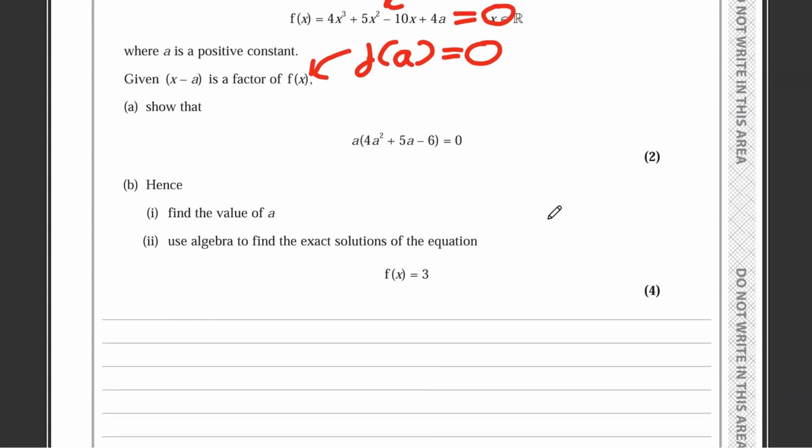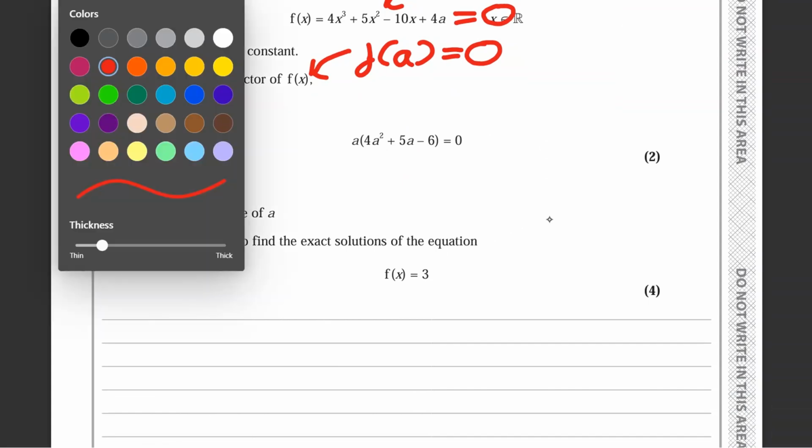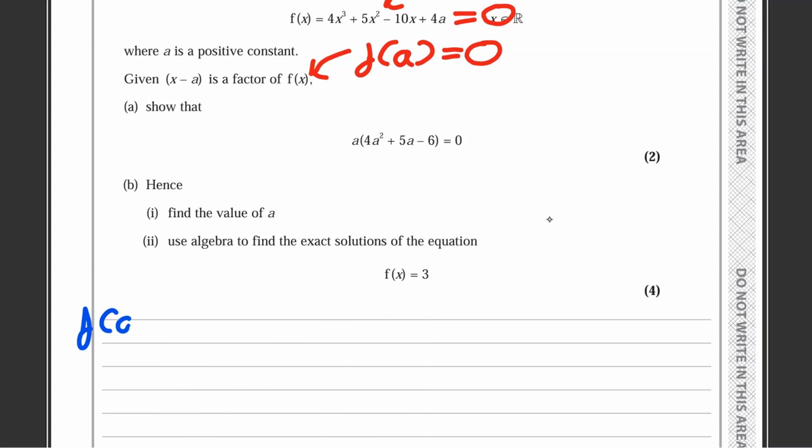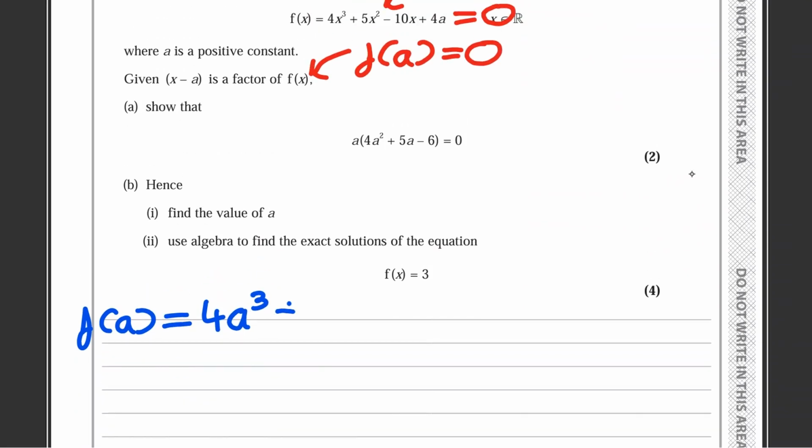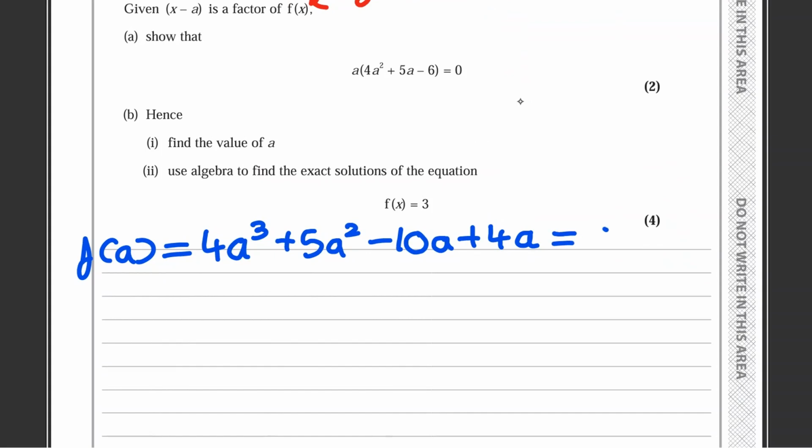So f of a is equal to 4, and then here we have x cubed, but rather than having x here, we're now going to have a, so this is going to be a cubed, because remember we're subbing in x is equal to a, and then it's going to be plus 5a squared minus 10a for x, and then this is still going to be plus 4a on the end. And this here is equal to 0.